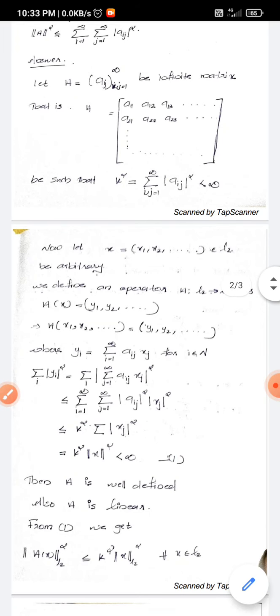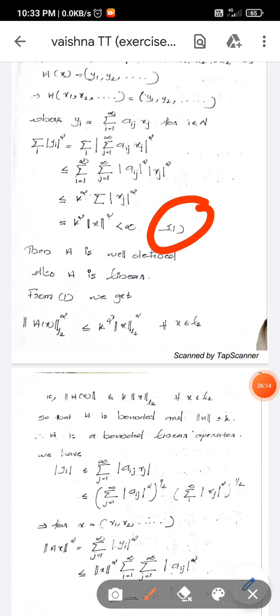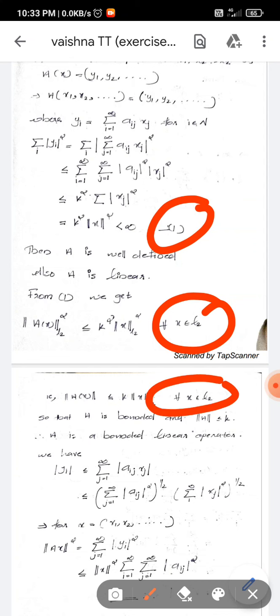Then A is well defined, and also A is linear. From 1 we get that the L2 norm of A of x squared is less than or equal to K squared times the L2 norm of x squared for all x belonging to L2. That is, norm A of x is less than or equal to K times the L2 norm of x for all x belonging to L2. So A is bounded and norm A is less than or equal to K. Therefore, A is a bounded linear operator.